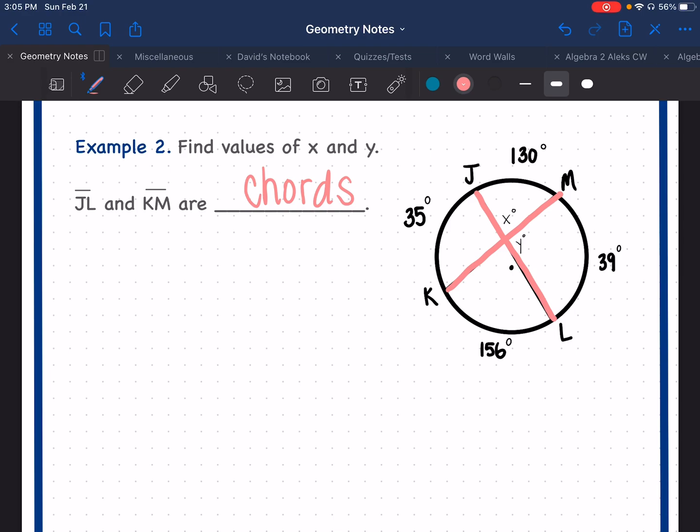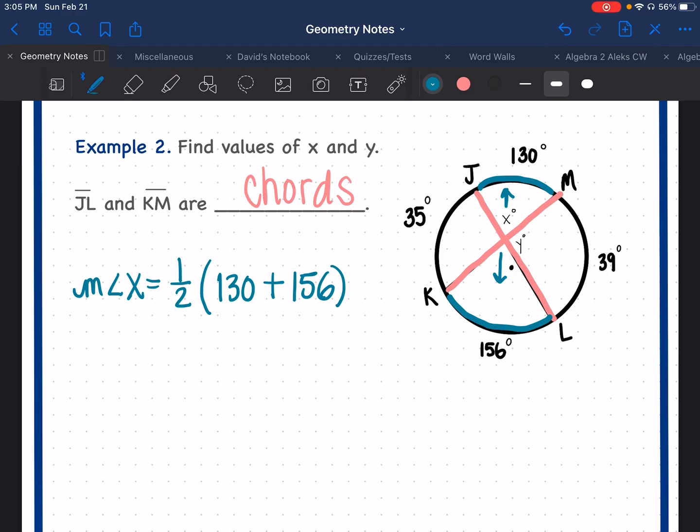We just have to decide how to find x and how to find y. x looks like it was in the 2 spot up above, so it's going to be this arc and that arc. To find the measure of angle x, it's going to be 1/2 times 130 plus 156. That's how I'm going to find x.